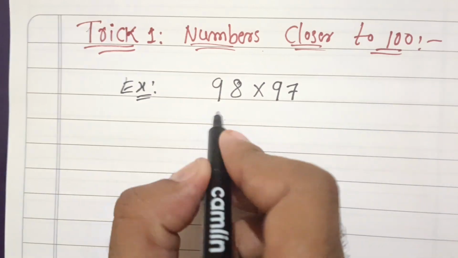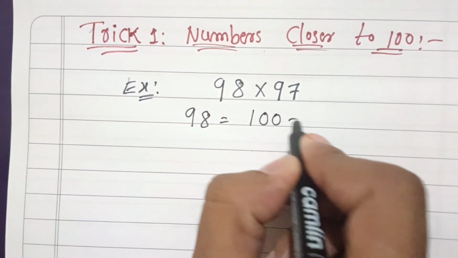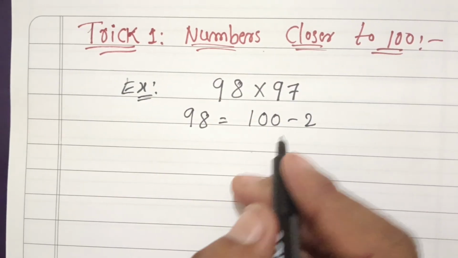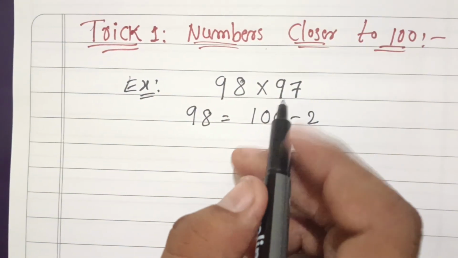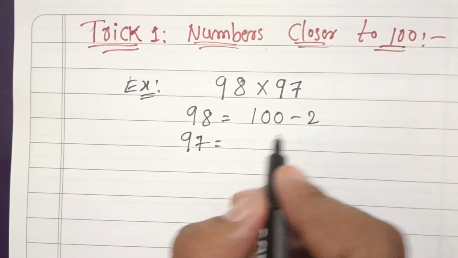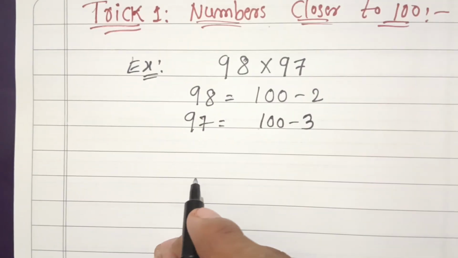So 98 I can write as 100 minus 2. This we have to do in our mind only. I am explaining, so it is taking time. Next we have 97, which we can write as 100 minus 3, right?